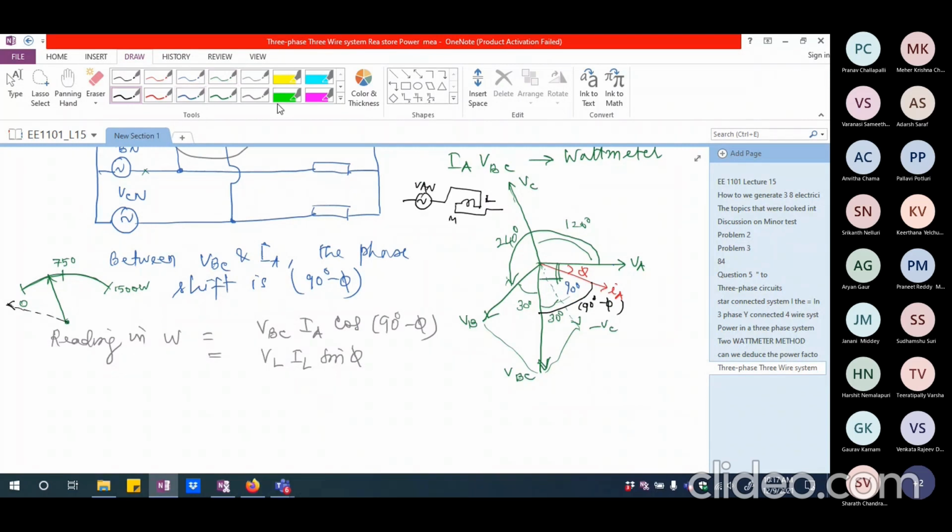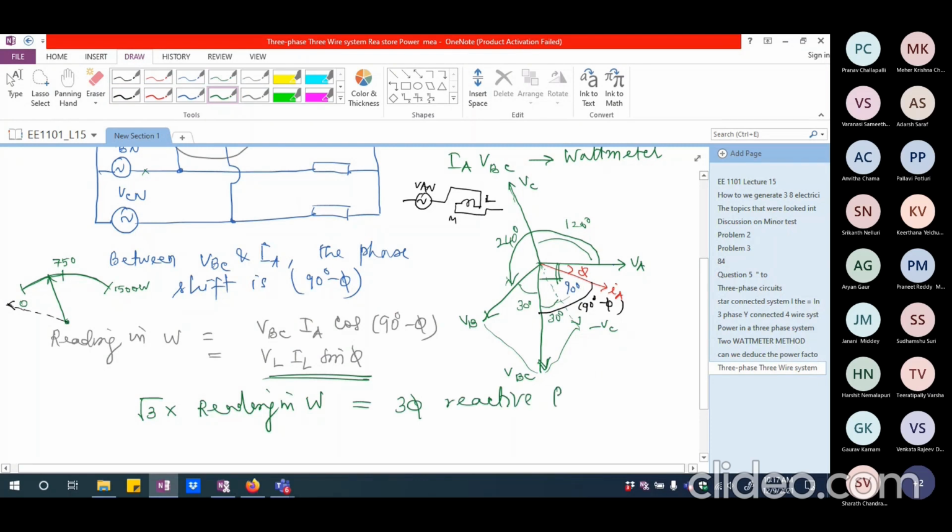So if I am looking at this, this is the reading in the wattmeter, which will be VL IL sin phi. So I should say √3 times reading in W will give me the three-phase reactive power.